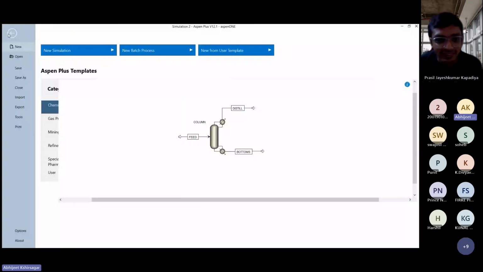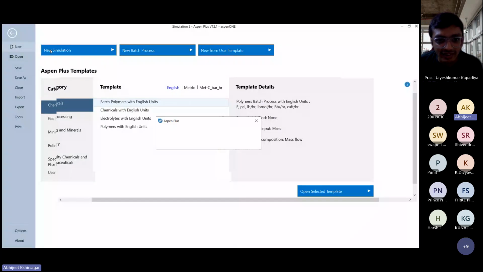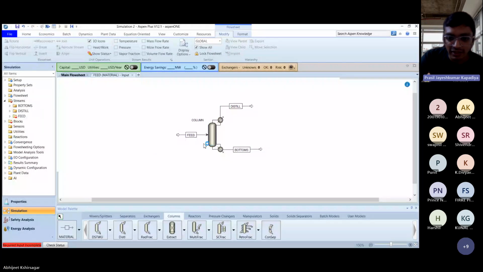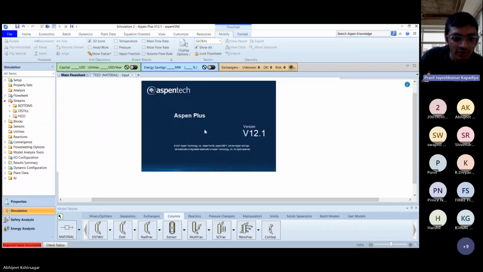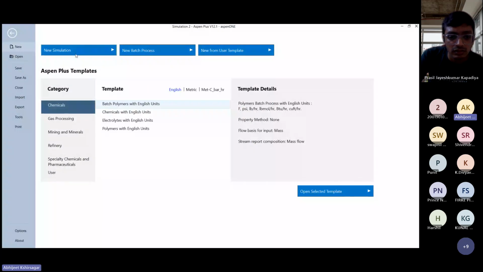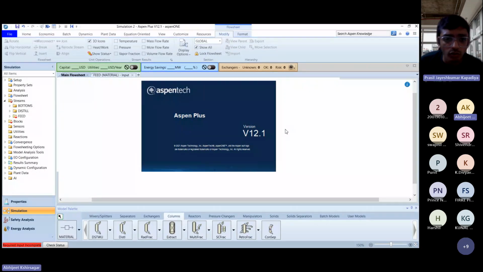I think there are some issues in the conditions only, nothing else. My Aspen is not working. Why is it restarting? New simulation.